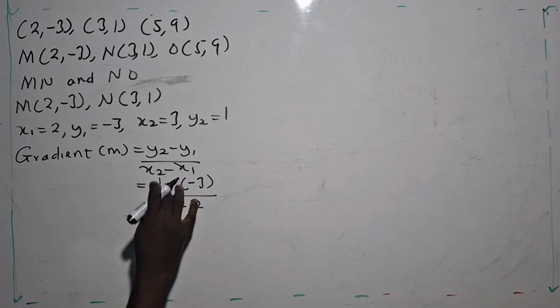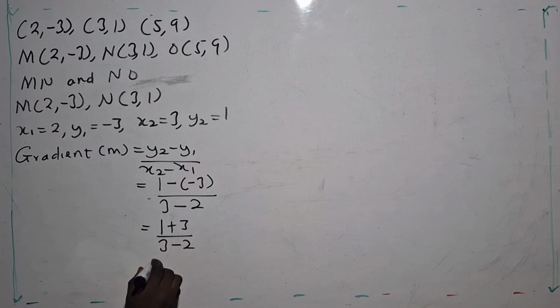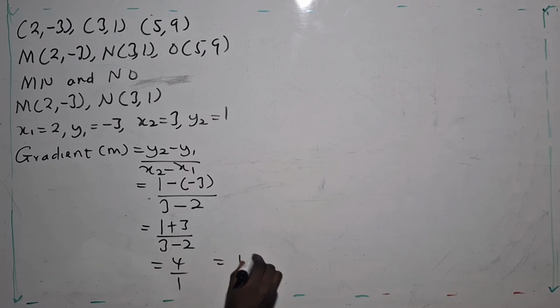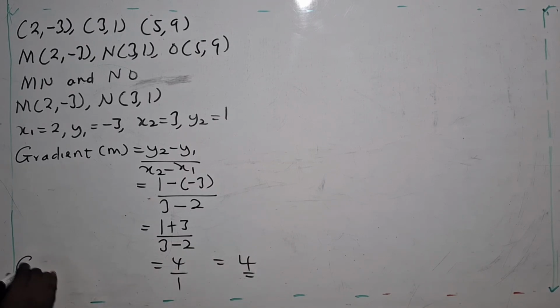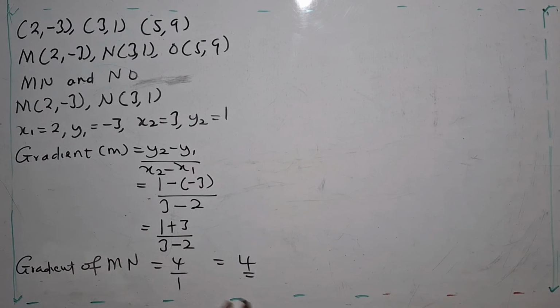So the top one, negative becomes positive: 1 plus 3 is 4, all over 3 minus 2, which is 1. So the gradient of line MN is equal to 4.